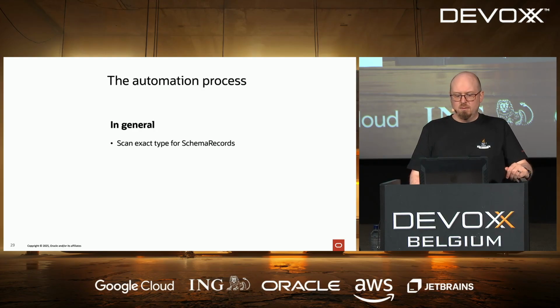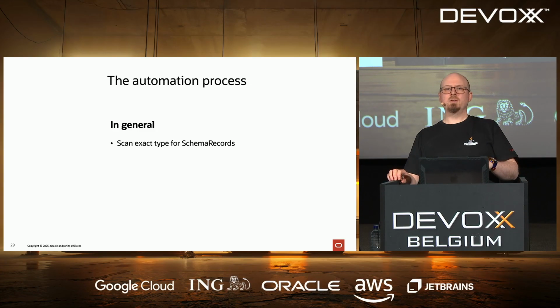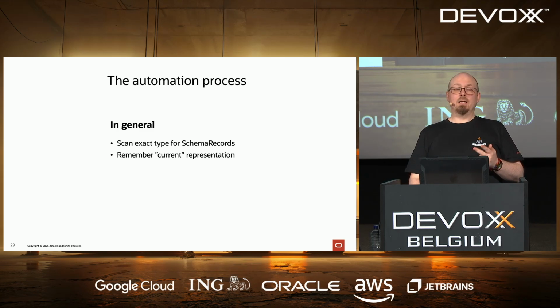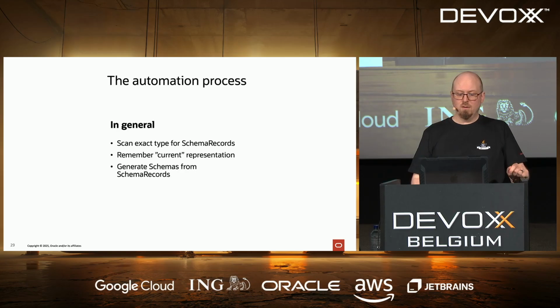So how do we figure out what schema records are available for point? Well, if we want to marshal a point, we can just scan point and see whether it has any defined schema records. And I can figure out what the current one is, because there could be multiple. Imagine that you have older versions that you want to support. Then we can take those schema records and generate schemas from them.